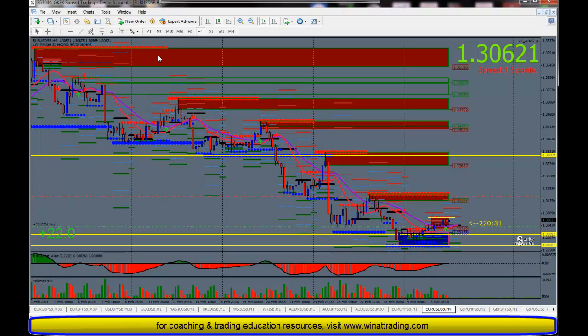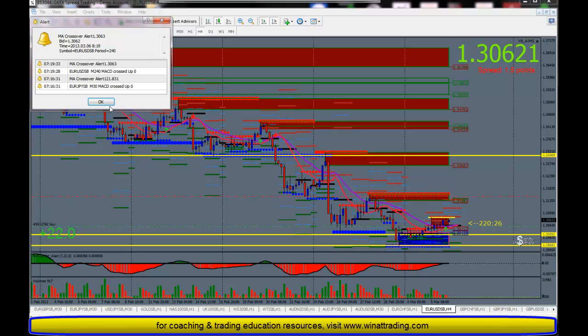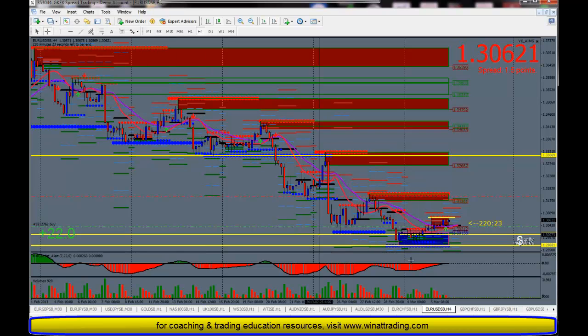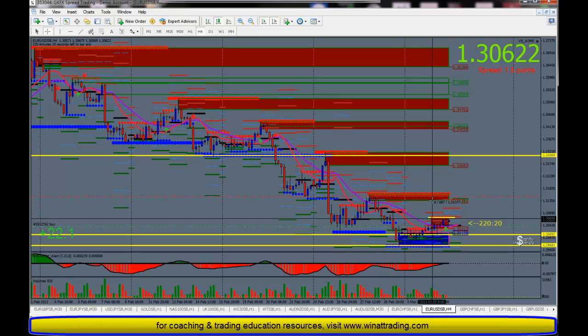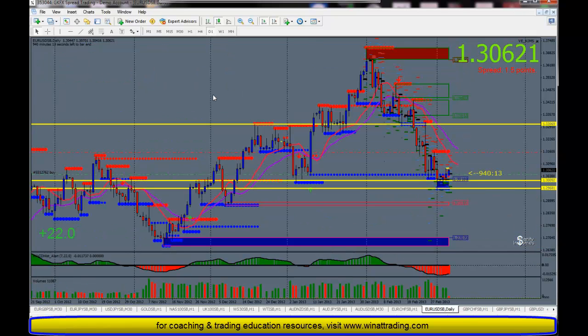So if we have a break of this area, we've got quite a big run up, so about 68-70 pips before we hit our next supply area, and that's well enough for a good long trade. It's had a big drop, found this area of support, which has been areas of support before, and so I would expect it to at least have a little bounce.